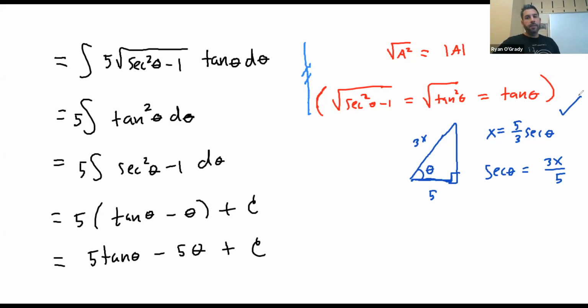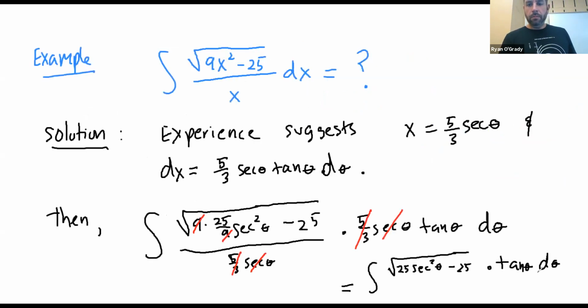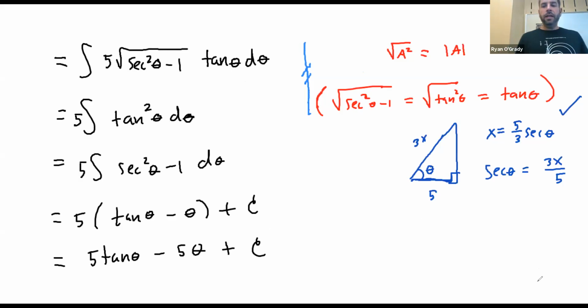All right, so then by the Pythagorean theorem, we know what this side right here is. It is exactly the term that we started with. It's going to be square root of 9x squared minus 25. Now we want the tangent of this thing, which means we need to know this side. Let's call this, for the sake of space, B. What is B?